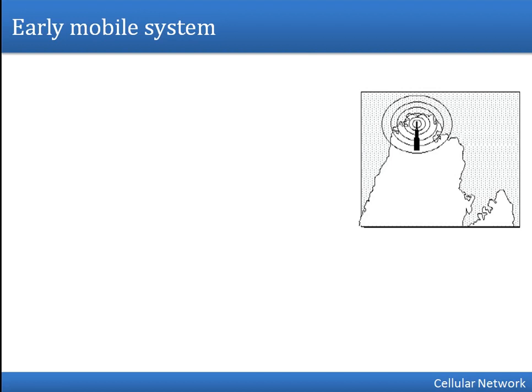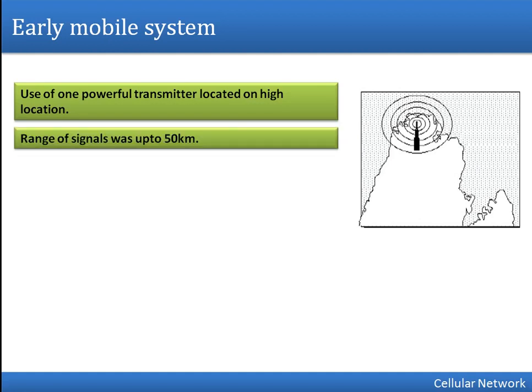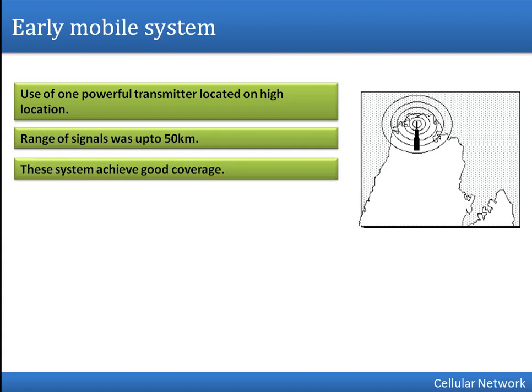In this approach there was only a single transmitter, installed on a very high location, and that one station covered the entire region. The range of the signal for that transmitter was up to 50 kilometers, and this system achieved good coverage because we have only one transmitter.